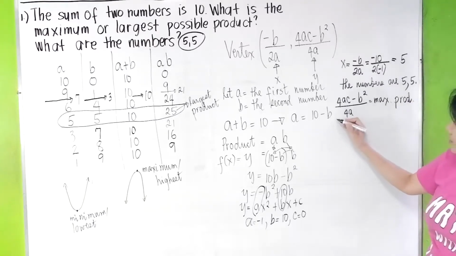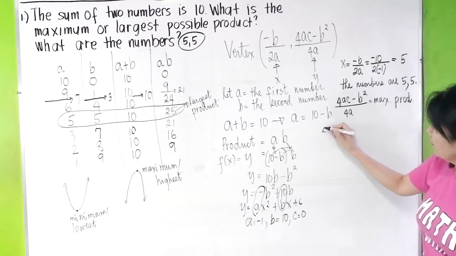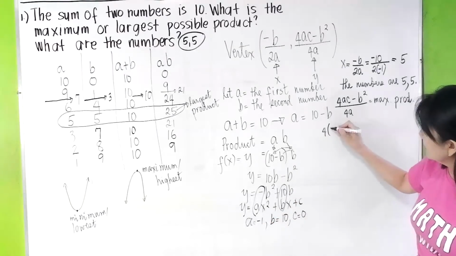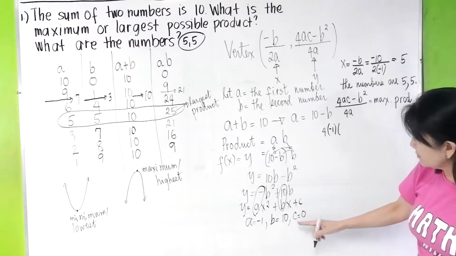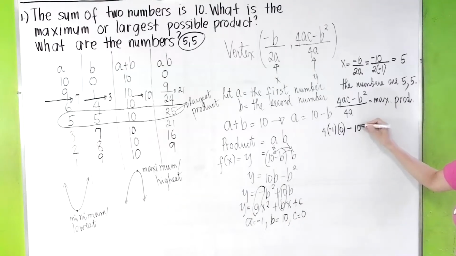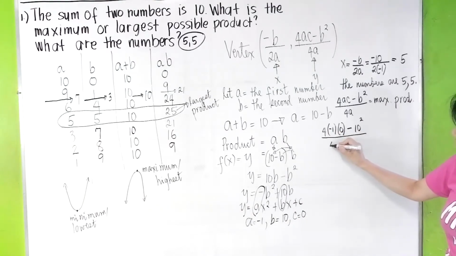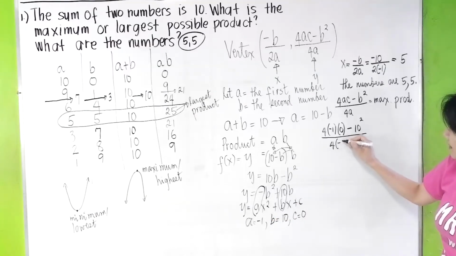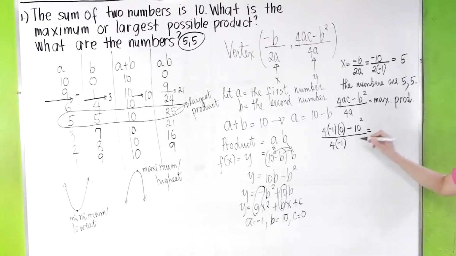Substitute the values: 4 times negative 1 times c, which is 0, minus b squared, which is 10 squared, all over 4a, 4 times negative 1. This becomes 0 minus 100 all over negative 4. So you have 100 divided by 4, which is 25.